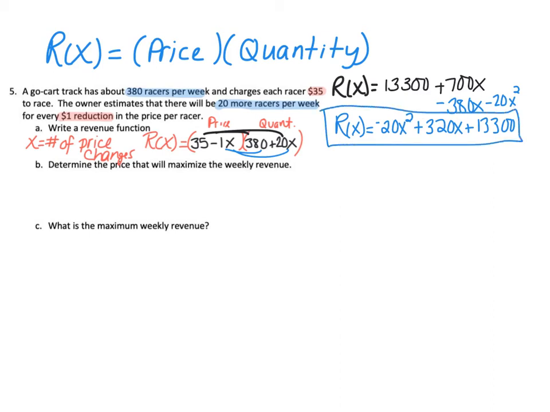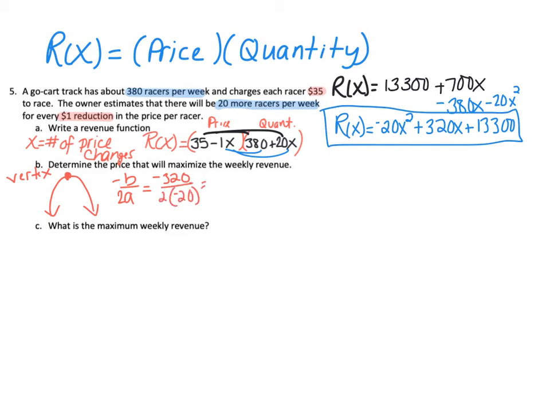Determine the price that will maximize the revenue. Okay, so maximize. My a value is negative. What's that tell me? It tells me my parabola opens downward, so here's the highest it's going to get. So I need to find my vertex. What are we going to do? We're going to do negative b over 2a, which is equal to negative 320 over 2 times negative 20.